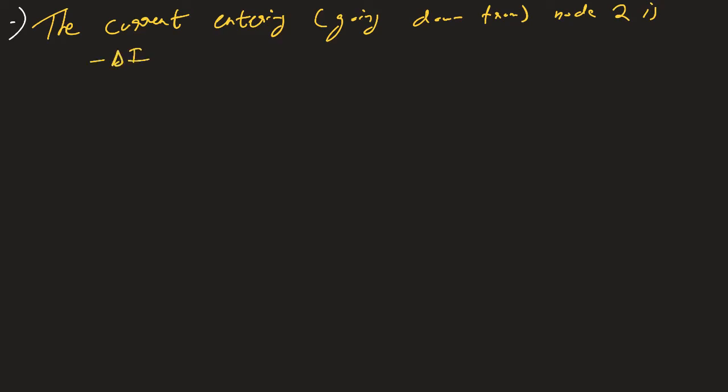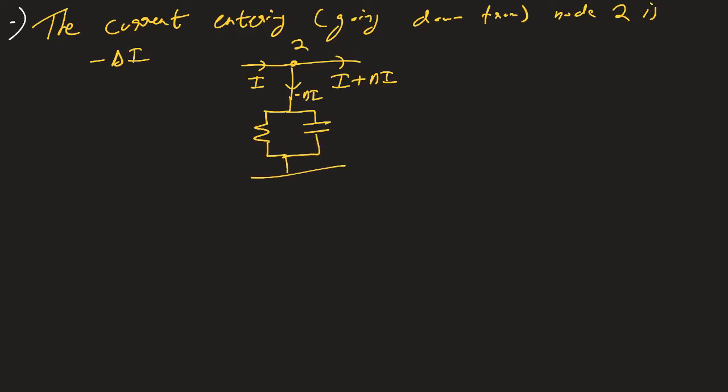We said that this is node 2. I is coming in, what's going out is I plus delta I, and the current flowing this way is minus delta I. And then this is branching out into our transconductance and into our capacitor, and then it meets here and then goes down, right? So this capacitance is C delta Z and this transconductance is G delta Z.